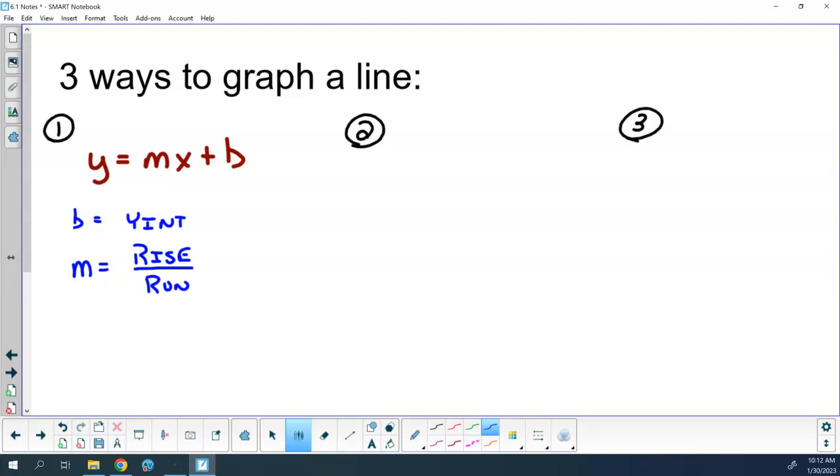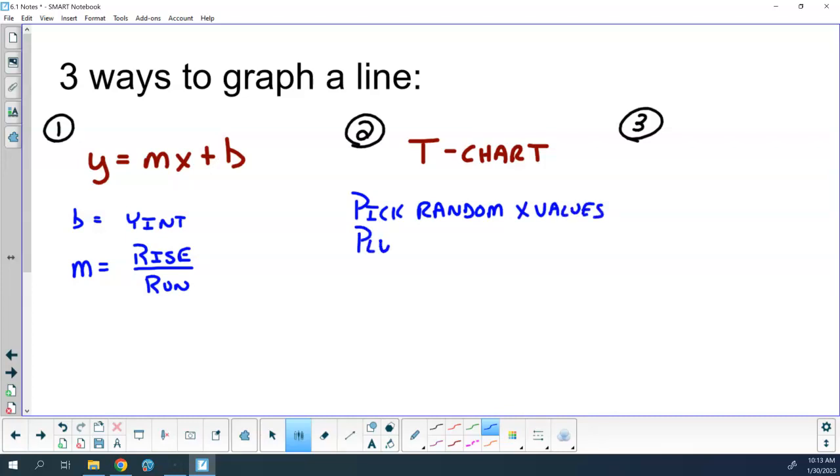We can do a T-chart. Yep. T-chart is the 3P method.